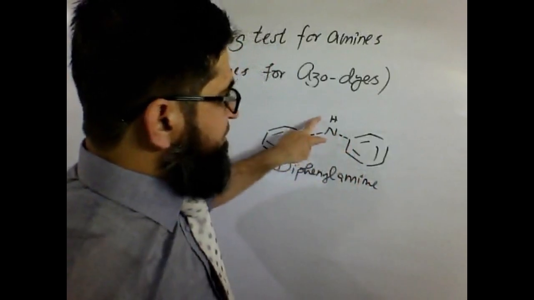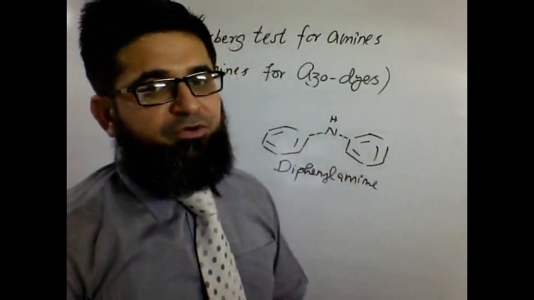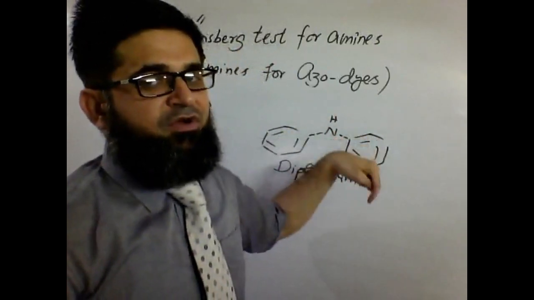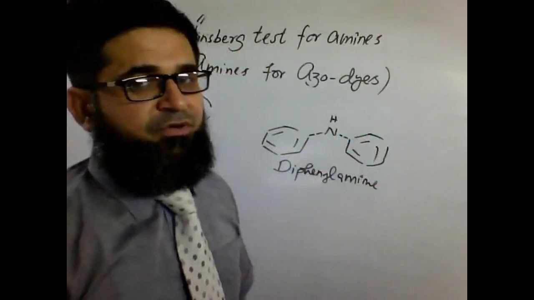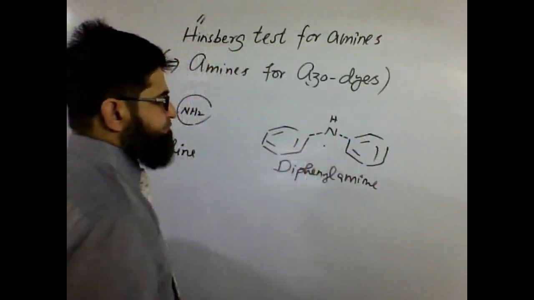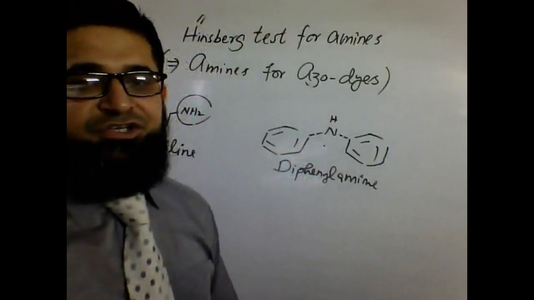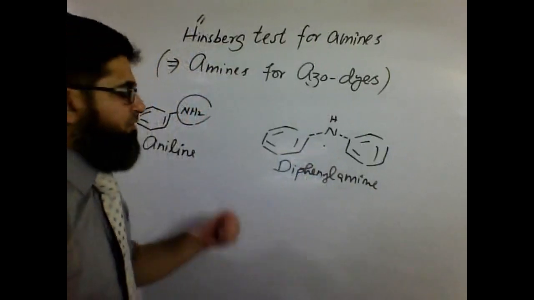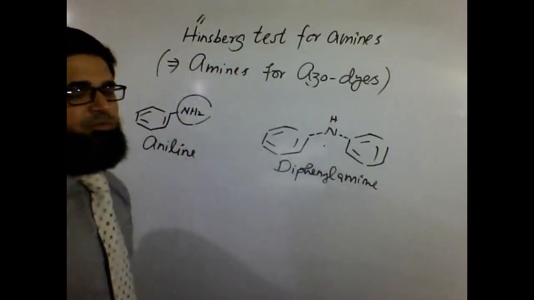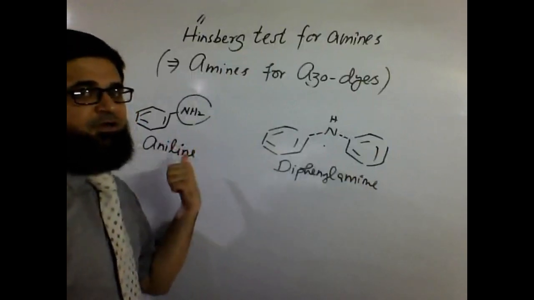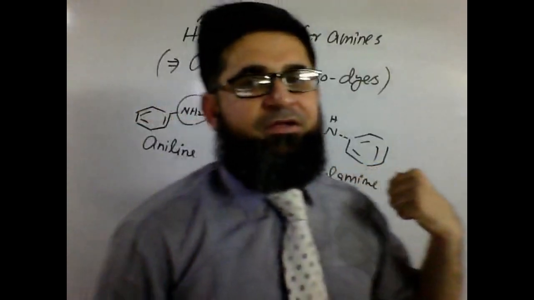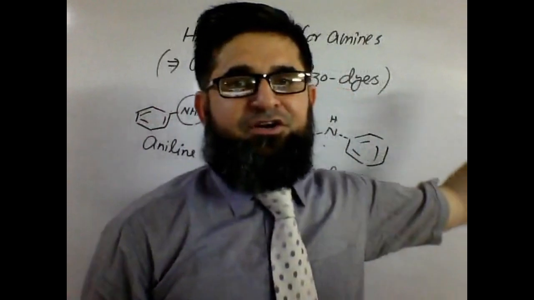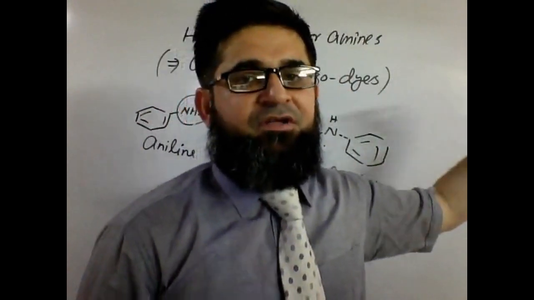There won't be the availability of the second proton that is required for the solubilization process. So it will not be soluble in sodium hydroxide, or this will be soluble. The corresponding sulfonamide generated from the Hinsberg reagent will be soluble.